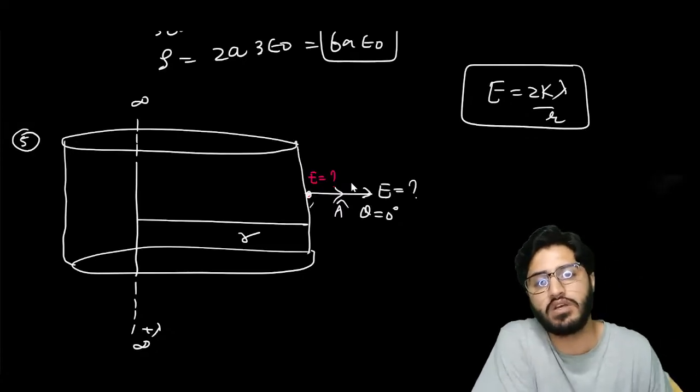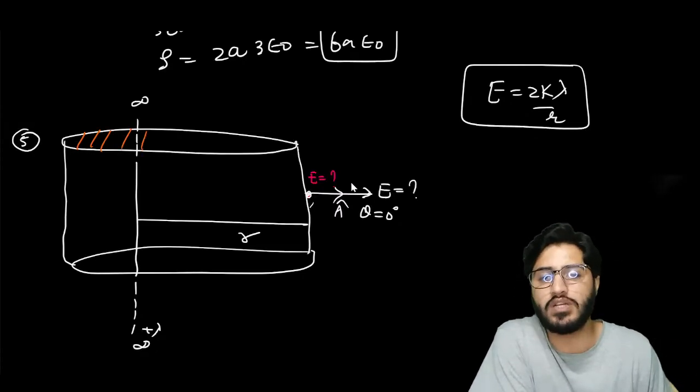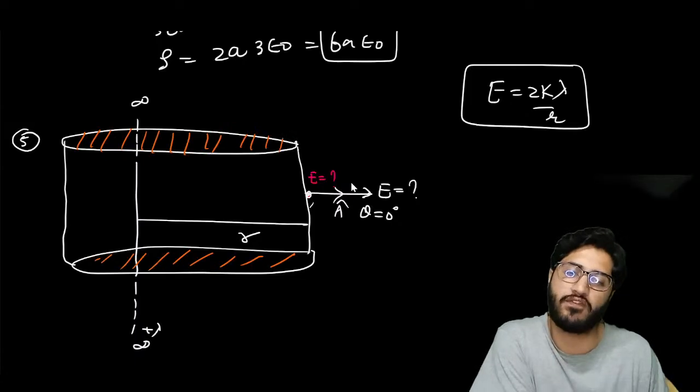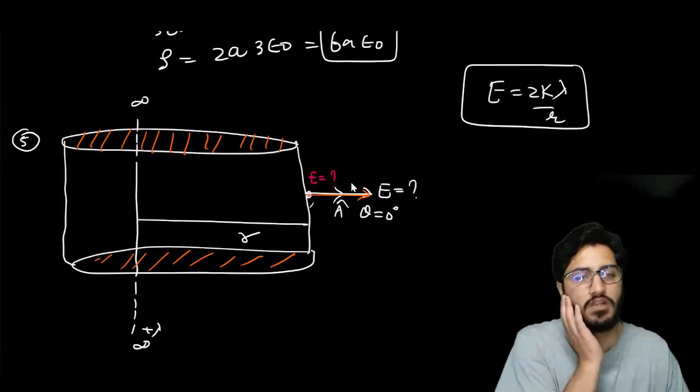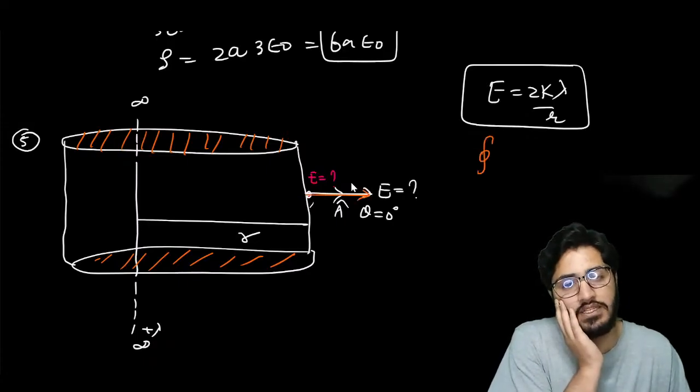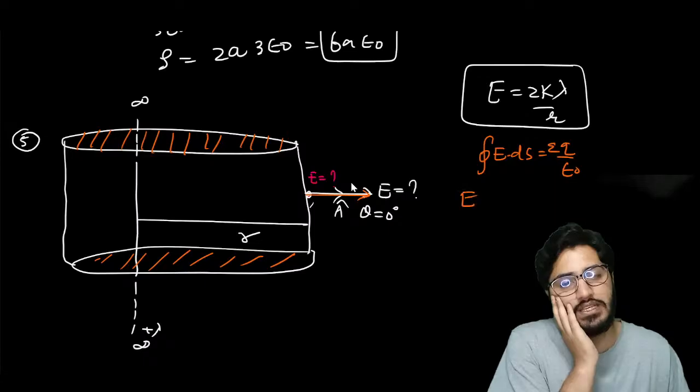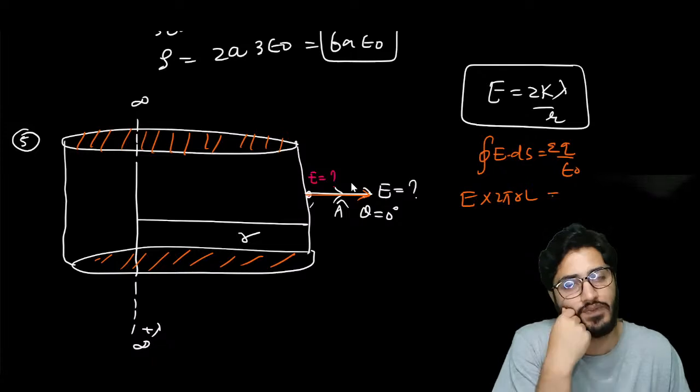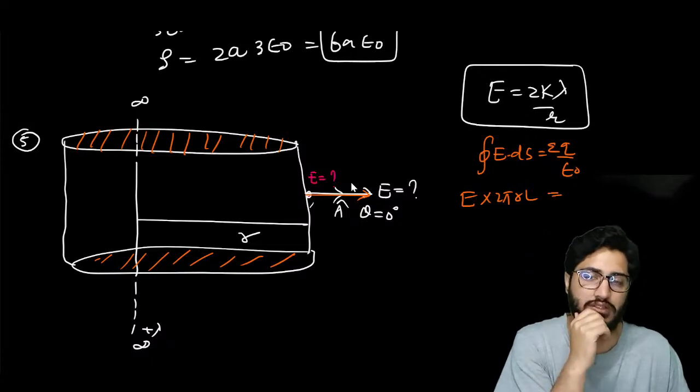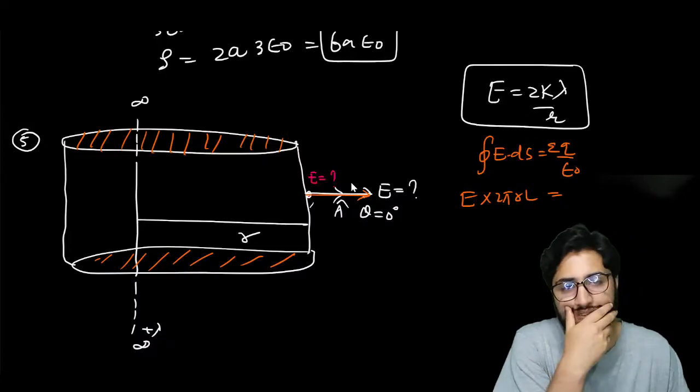Look, from this portion, no flux, and from this portion, no flux. So my flux will be through the curved surface only. So what to write? Flux, E dot ds, equals q divided by epsilon naught, summation of q. E is E, and ds is 2 pi r l, the curved surface of the cylinder. The charge is not given to us.